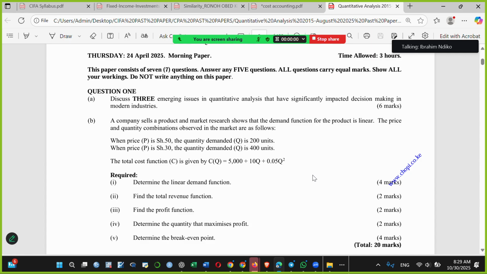The total cost function has been provided there. We're supposed to determine the demand function, the revenue function, the profit function, the quantity that maximizes profit, and the breakeven point. So let us do it. Let us try that one.